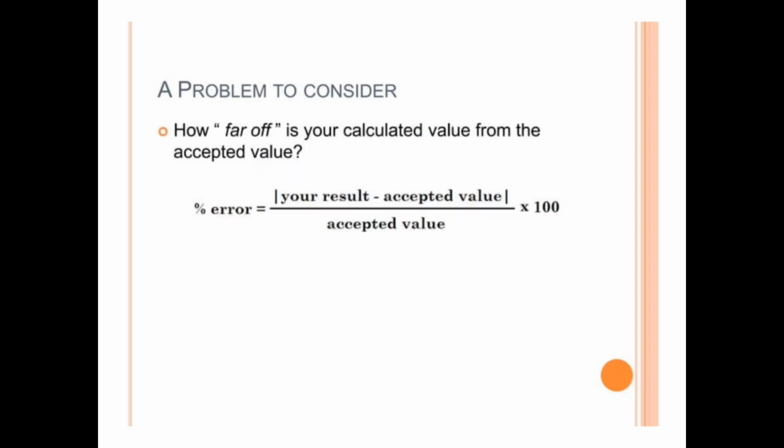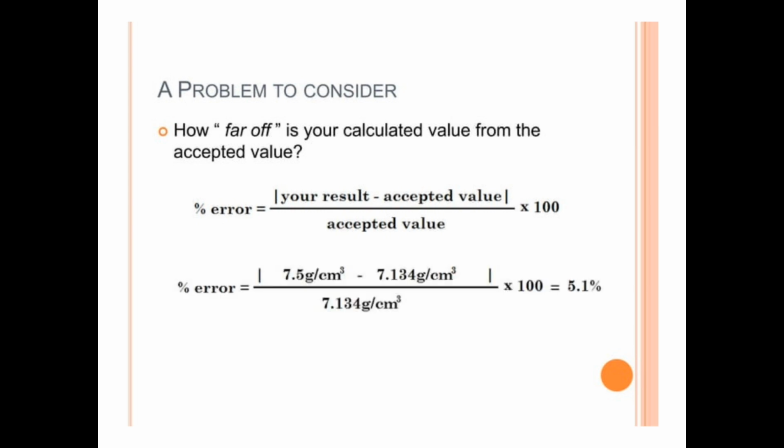Percent error is your result minus accepted value over accepted value times 100. This is how you do it: 7.5 minus 7.134, over 7.134, times 100. That's 5.1. So the percent error here is 5.1%.